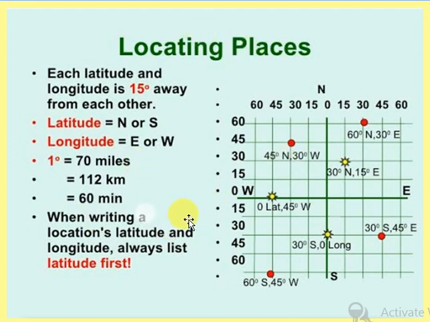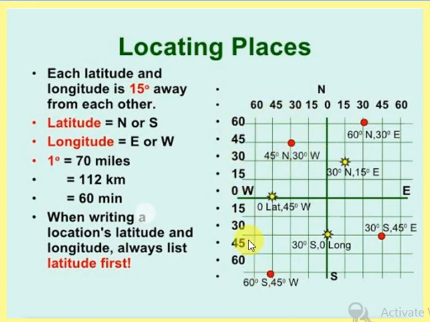Now let us see some more examples of locating places on Earth. Here you have to remember each latitude and longitude, as we discussed earlier, makes a difference of 15 degree. So you will find a difference of 15 degree on both sides, in latitudes and longitudes also.